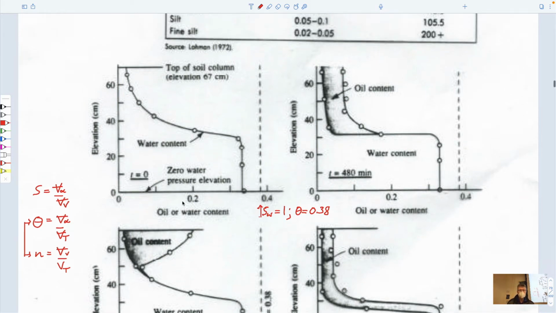And so this is the same deal. This is the irreducible saturation of the non-wetting fluid, which is air in this particular case. So this would be the amount of air that's in it. This is the water saturation originally.